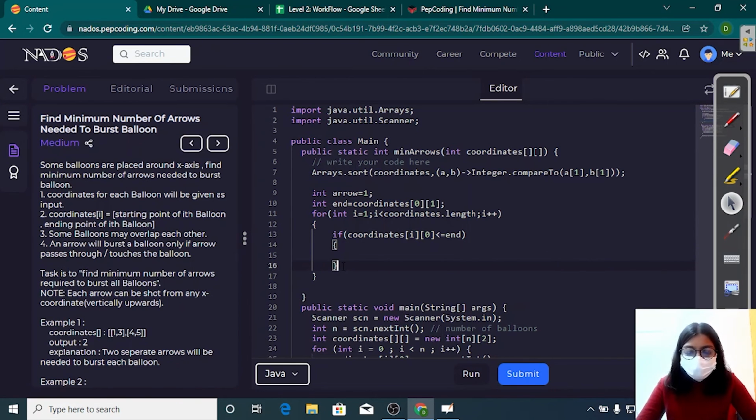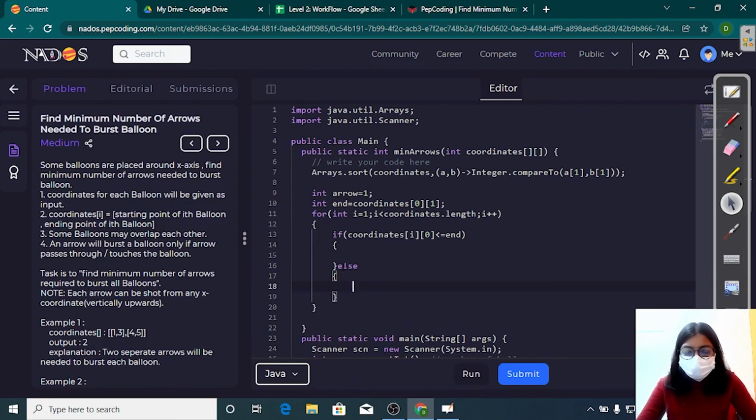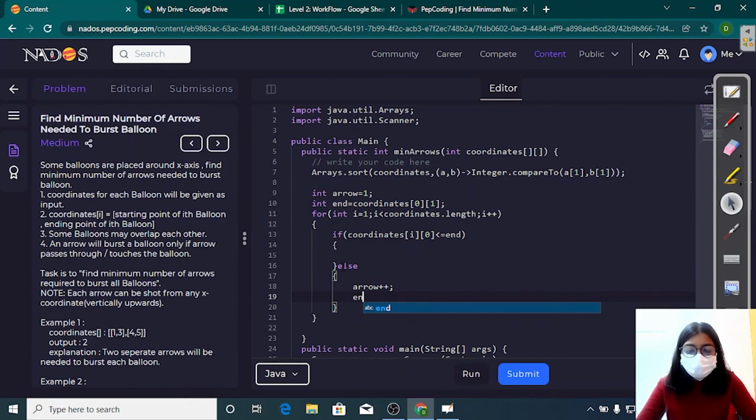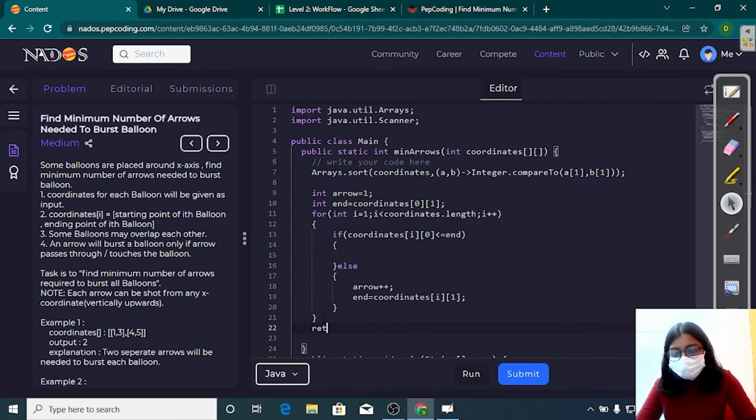Else, increase my arrow, arrow plus plus, and initialize my end to coordinates[i][1]. It means the ending point of my current balloon is my new end point. Okay, and then return arrow.